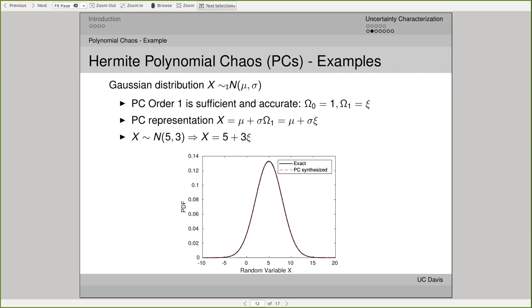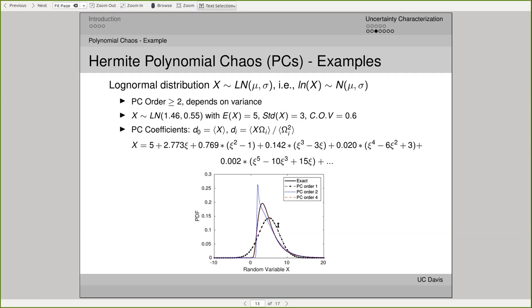For such a Gaussian distribution, we can write the polynomial chaos expansion as x equals mu plus sigma times xi. And here I'm showing you the original exact input distribution and also the PDF synthesized from the polynomial chaos expansion. As you can see here, the first order polynomial chaos expansion is already totally accurate for the Gaussian distribution.